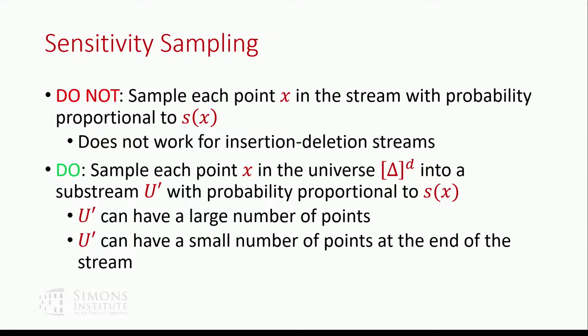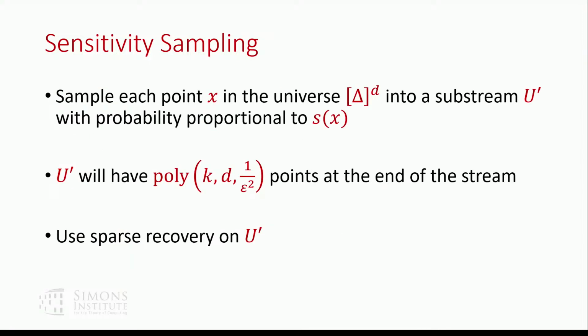And so we can just run sparse recovery on this second stream. So again, we have an implicit stream. We'll have a small number of points at the end of the stream, and so we just run sparse recovery.